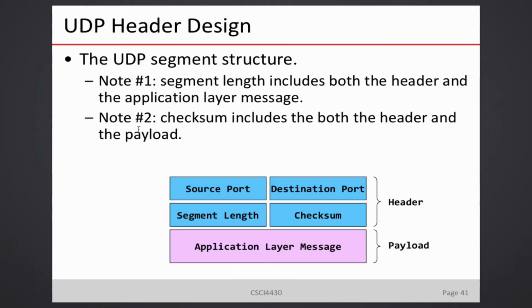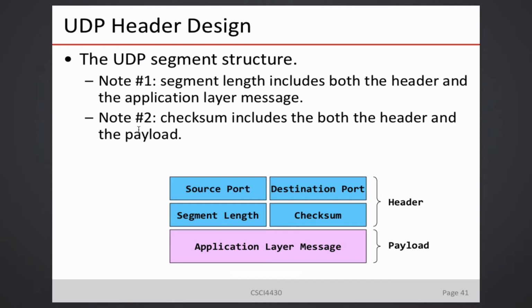And then this is the design of the UDP header. I never said anything about the UDP header, right? The UDP header is exceptionally simple. How simple is it? Just a few things. Source port, destination port, the checksum for the entire thing together with the header and the body.